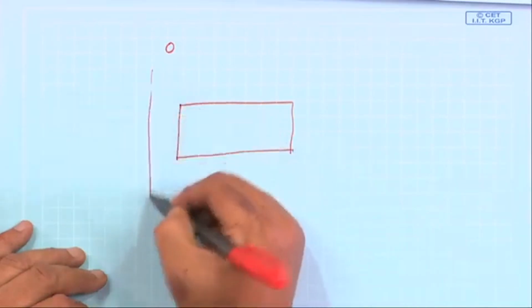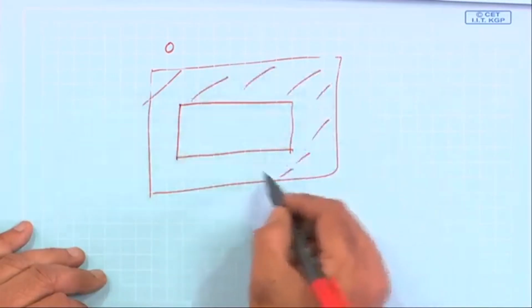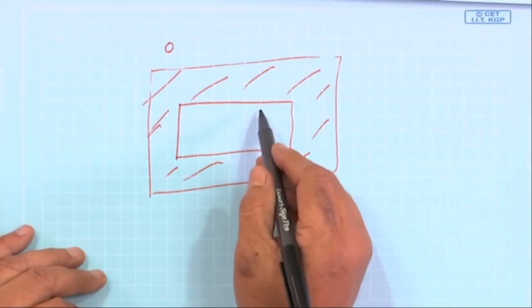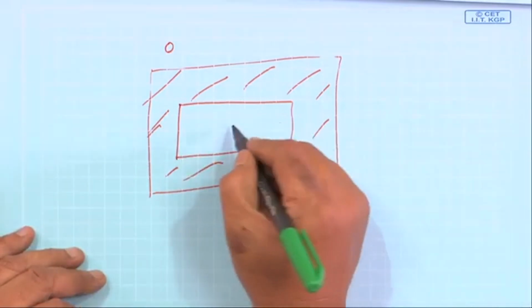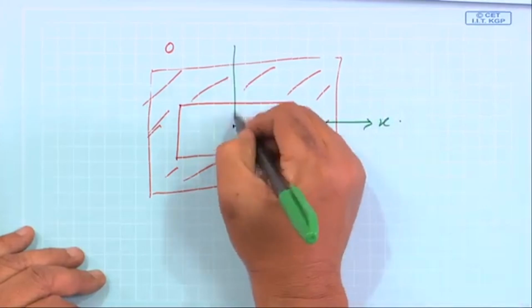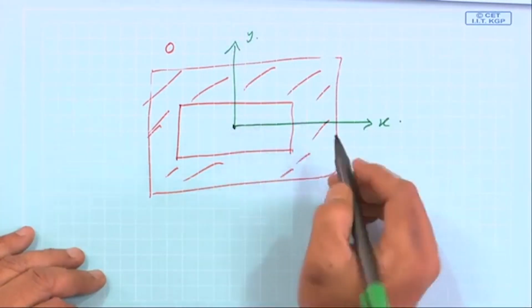On a ground plane. So, this is the ground plane, and here the only thing is, instead of uniform, let me write the thing. This is my x axis, this is my y axis, this is the center.